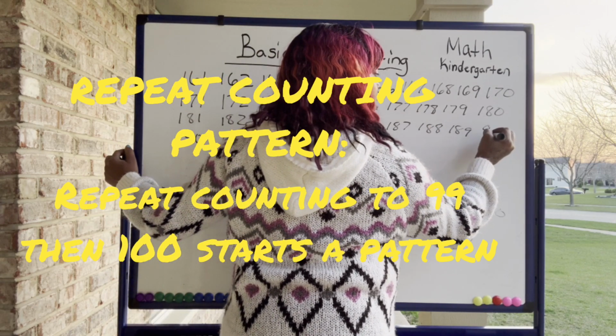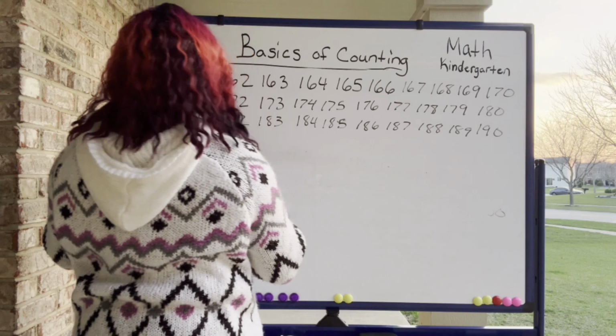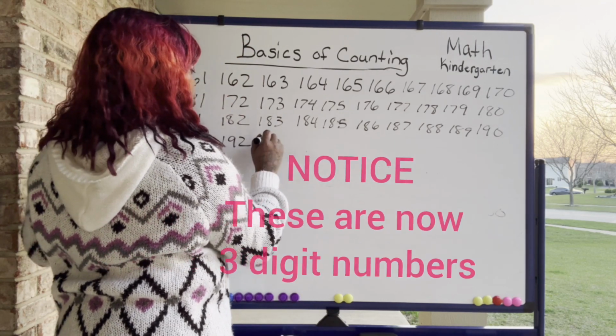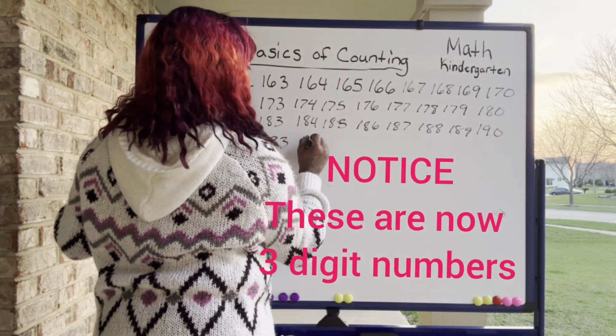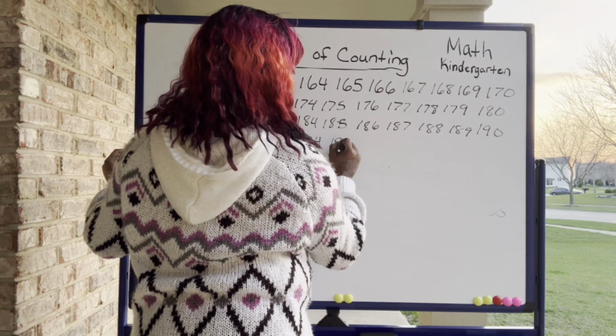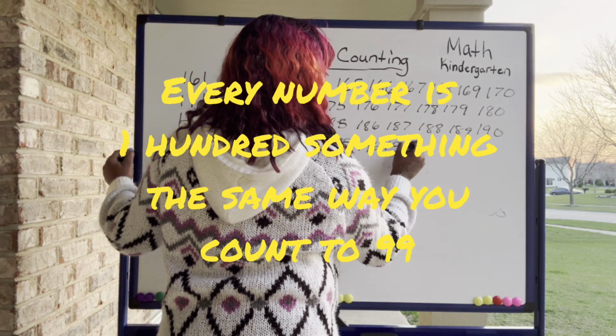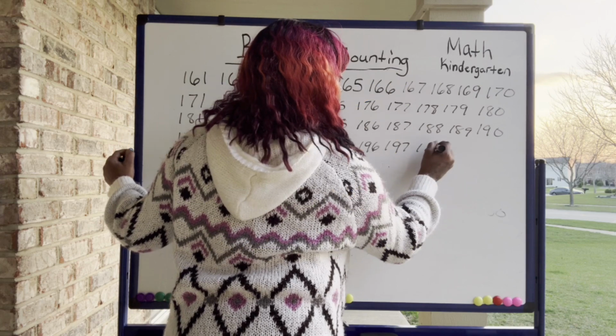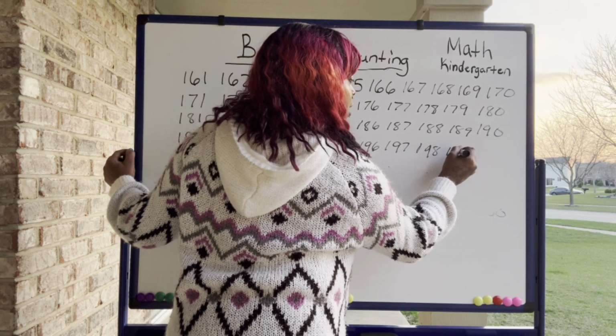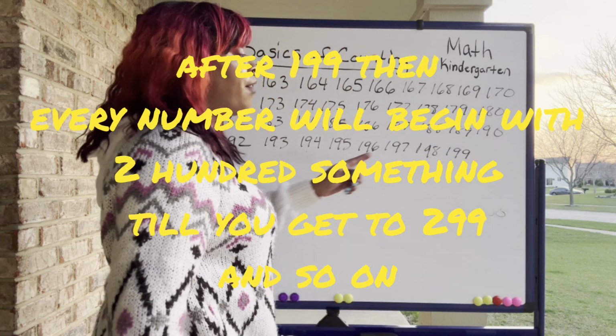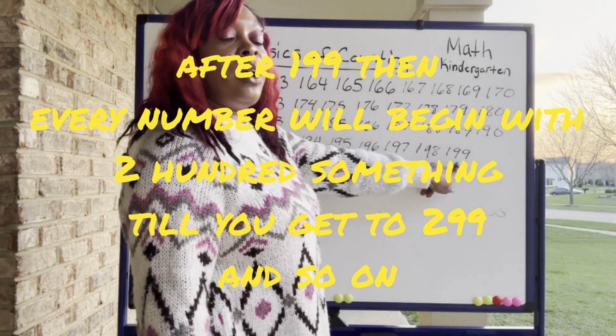After 89 is 90, so it's 190. 191, 192, 193, 194, 195, 196, 197, 198, 199. After 99 was 100.